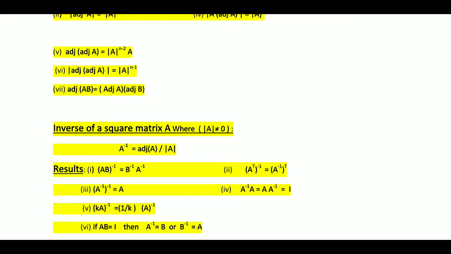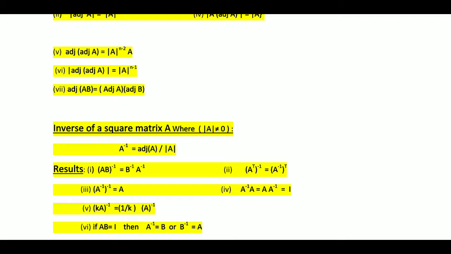Now there are some important results for the inverse of a square matrix. We know that the inverse of a square matrix is possible only when the determinant value of that matrix is not equal to 0. That means the matrix should be non-singular. Only a non-singular matrix has its inverse.